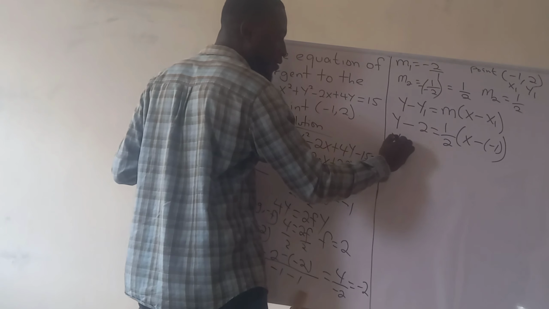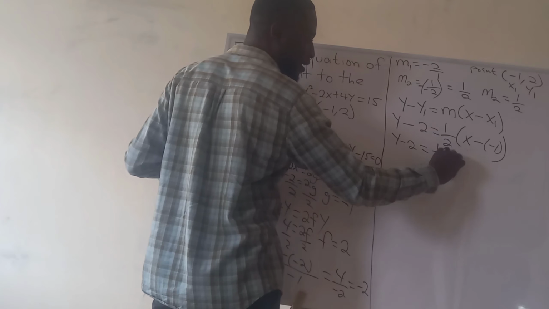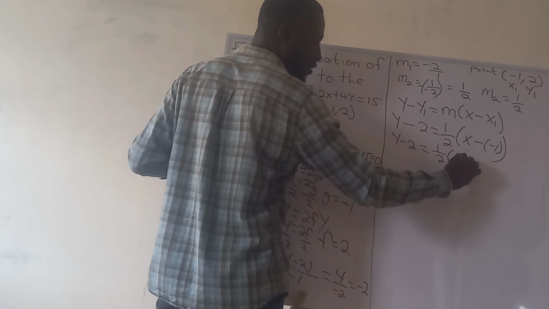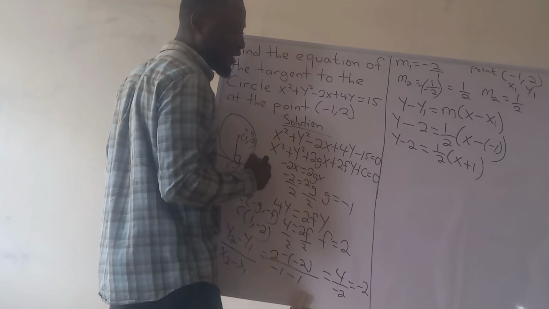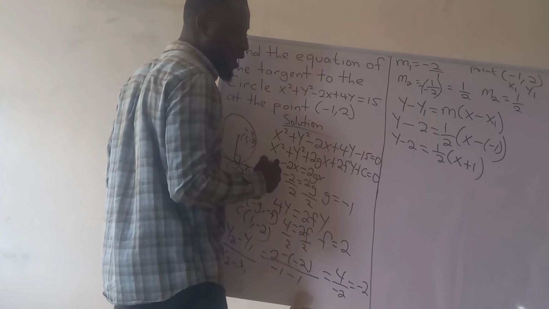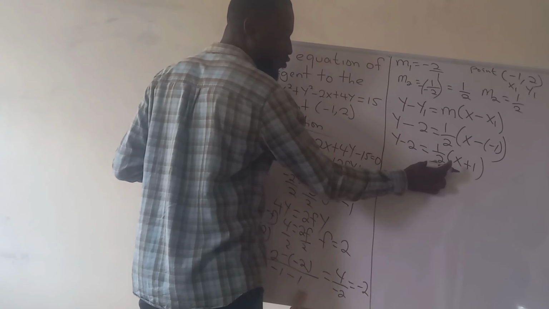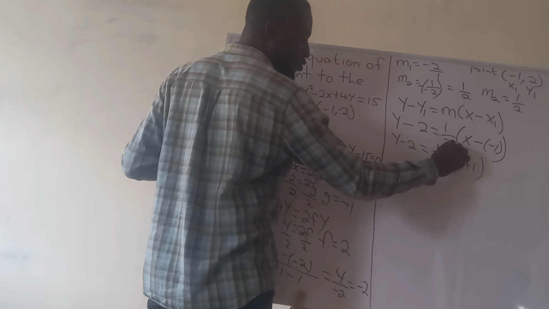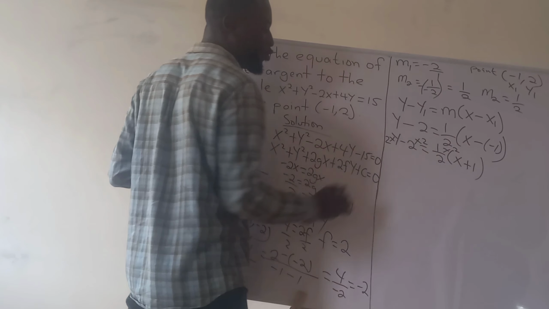So y minus 2 equals 1/2 times x plus 1. After doing this, we are going to multiply by 2 to eliminate the denominator. So multiply this by 2, this one by 2, and our y also by 2.